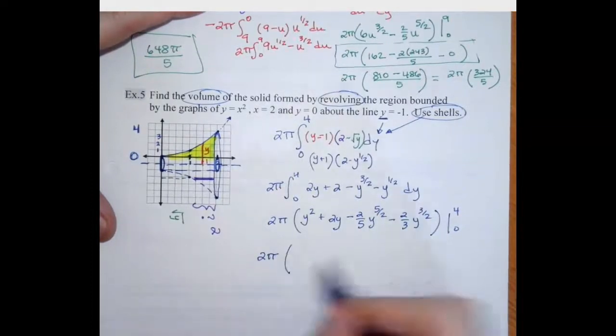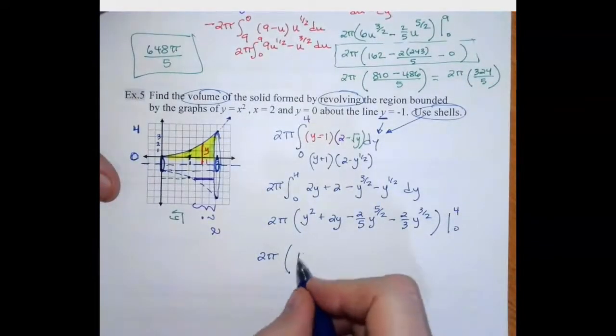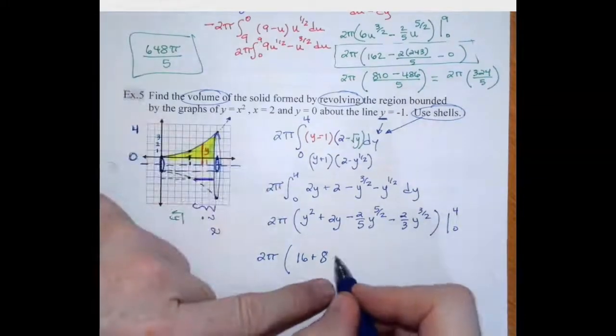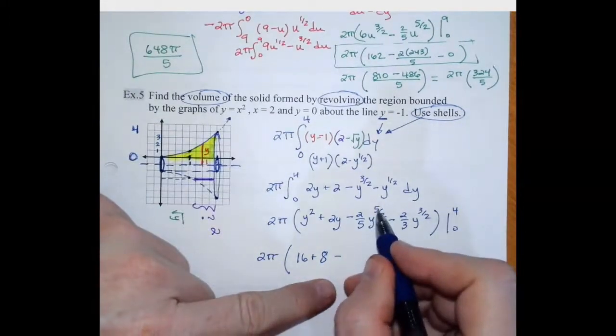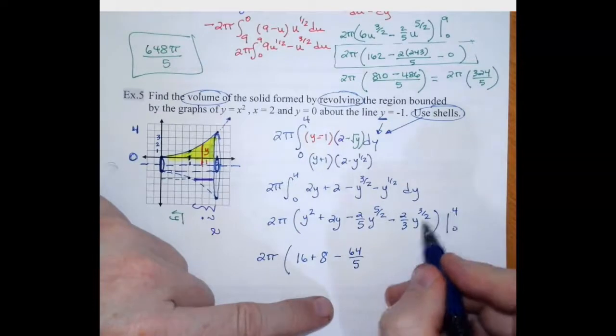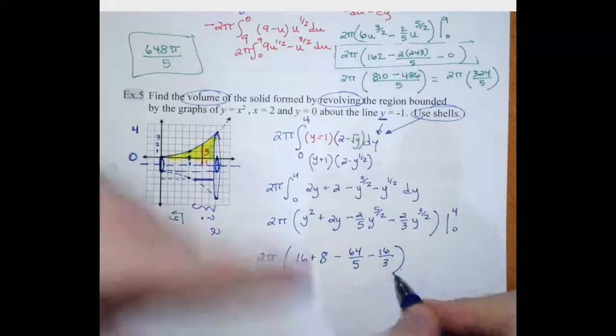So we're hopefully almost done here. Alright, so that's going to be 16 plus 8. Here the square root of 4 is 2. 2 to the 5th power is 32, so that's going to be 64 over 5. And the square root of 4 is 2. 2 cubed is 8. That's going to be minus 16 over 3.